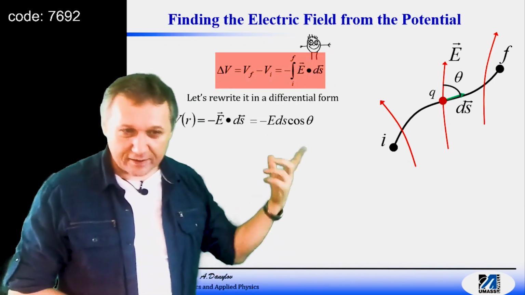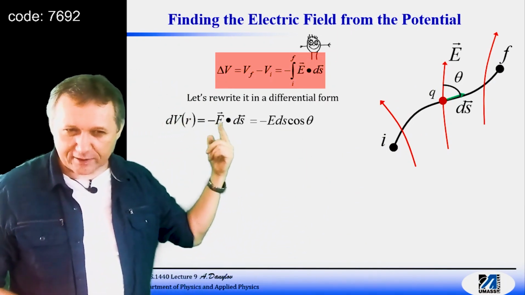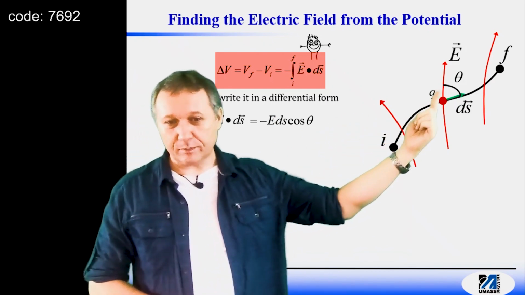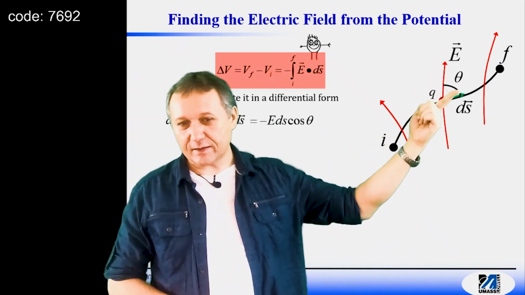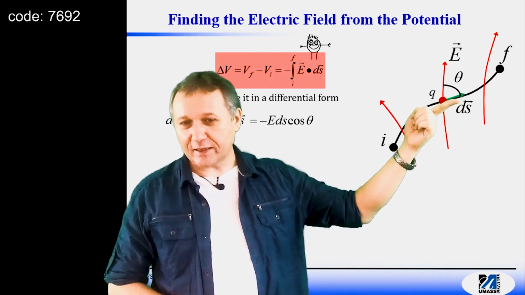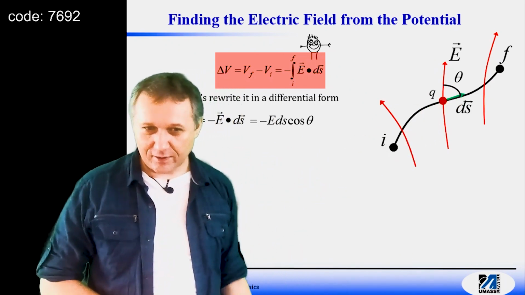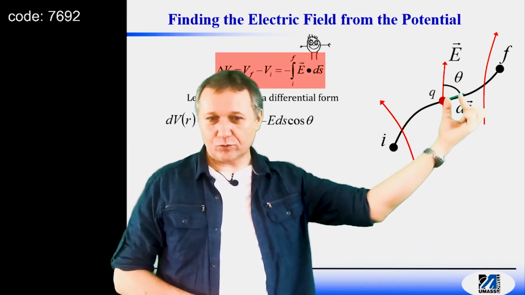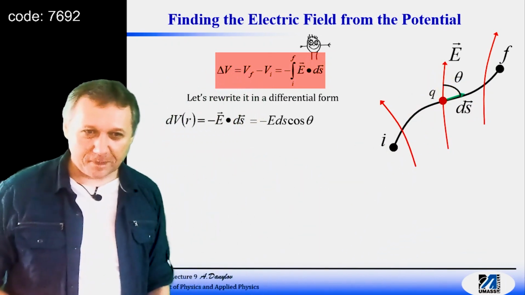And again, like a couple of slides ago, E times cosine theta. What is E times cosine theta? Look at the picture. This is E, this is theta. If you take E times cosine theta, you will get the component of the electric field along the s direction. You see, you will get just this small component of the electric field, right? Okay?